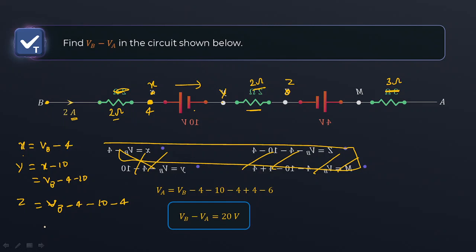Similarly, for M, first VB, now we cross resistance, so minus 4, battery from plus to minus, so minus 10, then again resistor, so minus 4, again battery from minus to plus, so it will be plus 4. Like this we can write. Hope it is clear to everyone. So if I want to write VA, VA will be equal to VB minus 4 minus 10 minus 4 plus 4 and so on. So we can simplify, right?